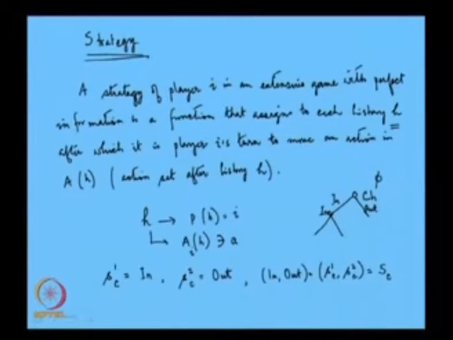So, this is how the strategy set is defined. Within the strategy set there are different strategies. A particular strategy will tell me what is the action that player C is going to take after the history phi. Similarly, what about the incumbent?